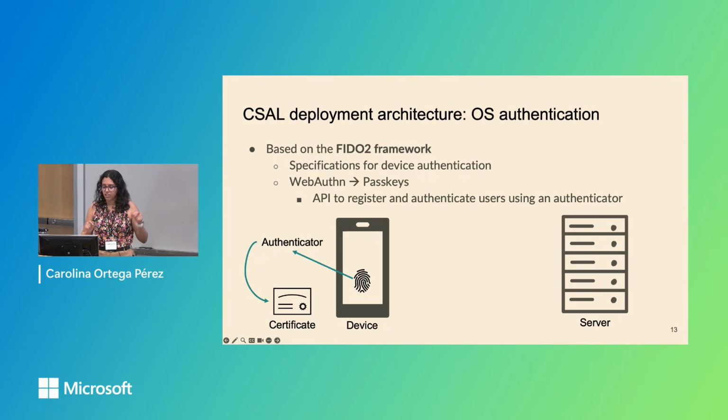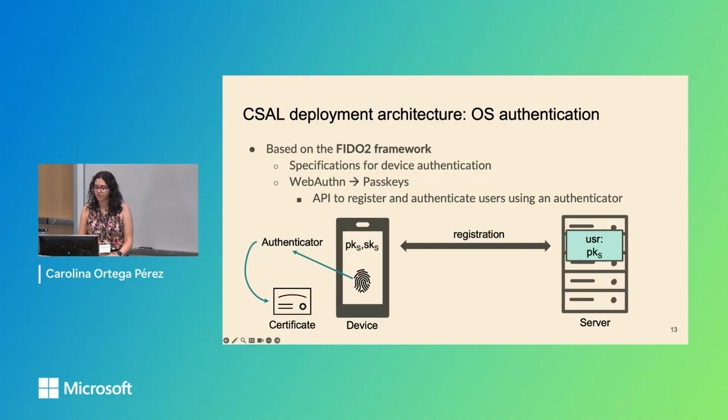And this authenticator is certified by the vendors that produce it. In WebAuthn, there is an initial registration phase where the authenticator creates the keys and sends the public key to the server, along with a certificate to attest that this is a real key created by an authenticator made by a valid vendor.